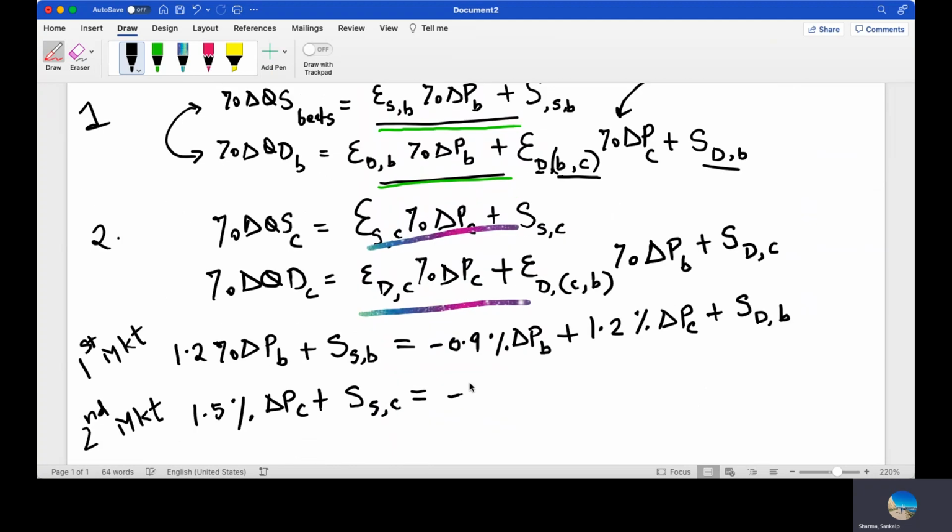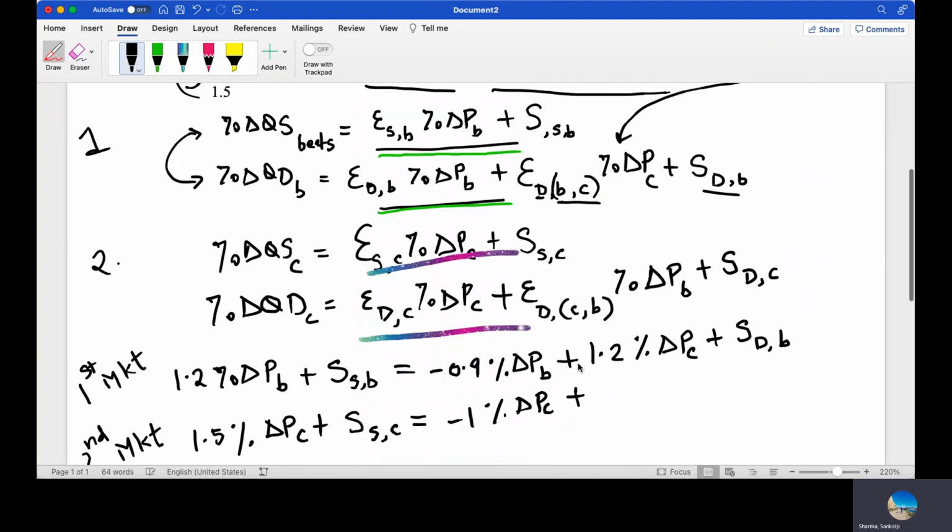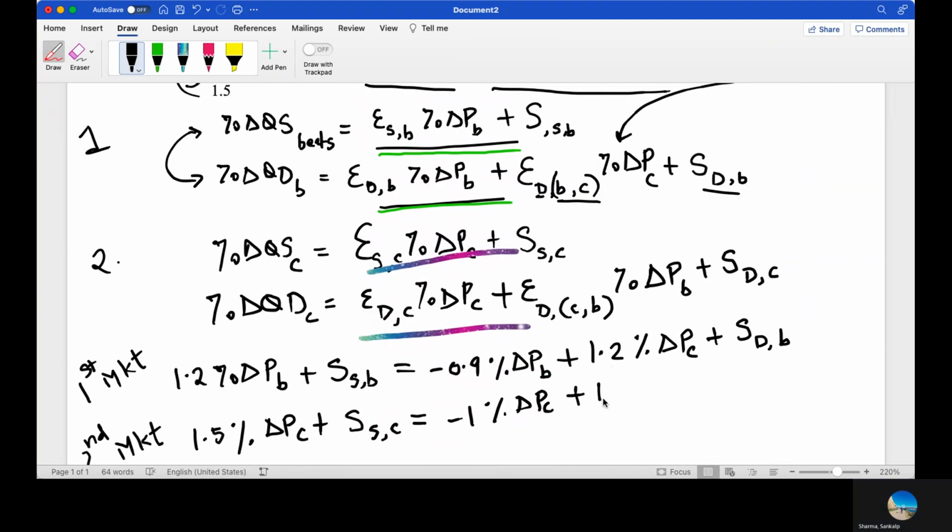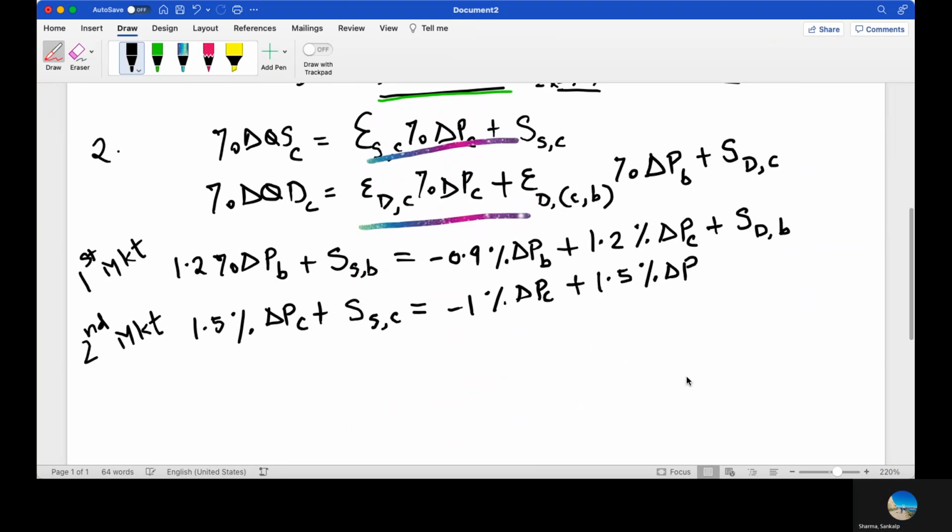So we have -1 times the percentage change in the price of cane, plus the cross price term, 1.5 times the percentage change in the price of beets. Not cane, cane's already used. Plus whatever the shock in demand for cane is. So that's basically your setup. And now you have to find out the change in those prices.